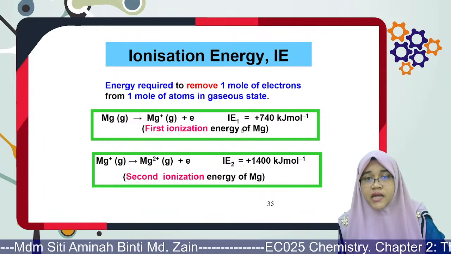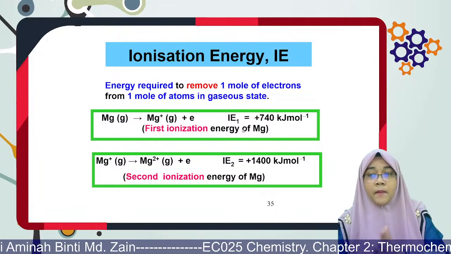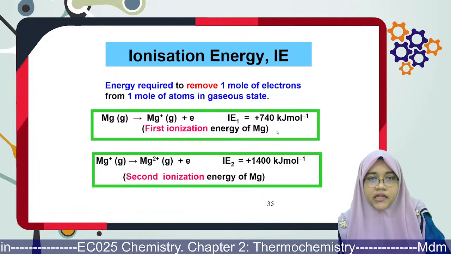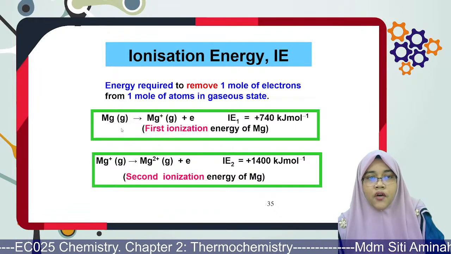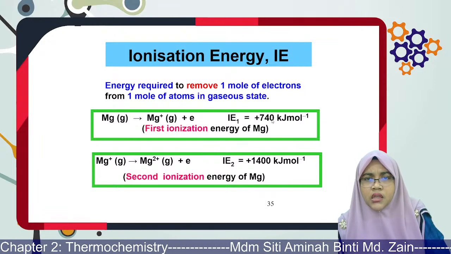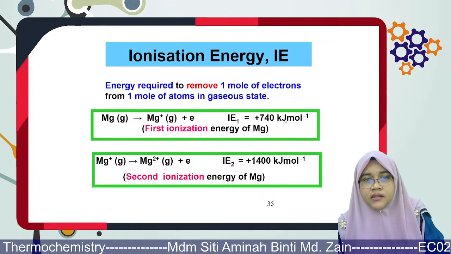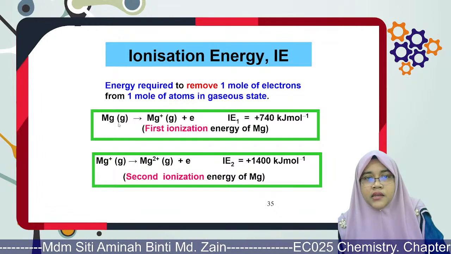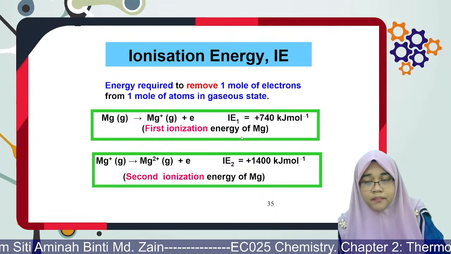So this is the first ionization energy for magnesium. The ionization energy for each 1 mole of magnesium atoms is 740 kilojoules of heat that must be absorbed so that the electron can be removed.